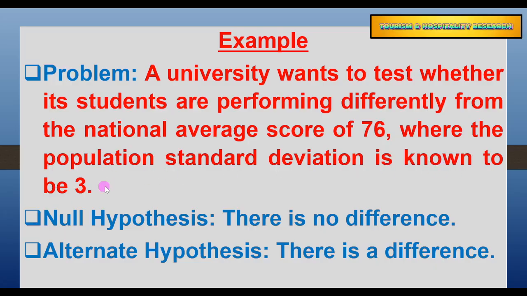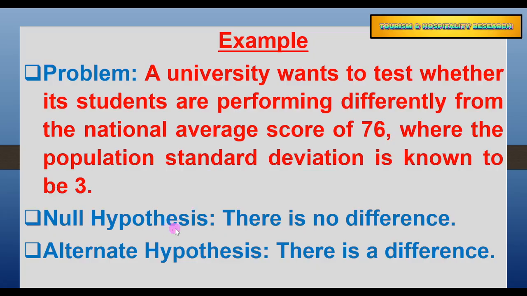In one sample t-test, you might recall that though we have the population mean, the population standard deviation we don't know. In that case, we do a one sample t-test. But when we know the population mean as well as the standard deviation of the population, we go for a one sample Z test.